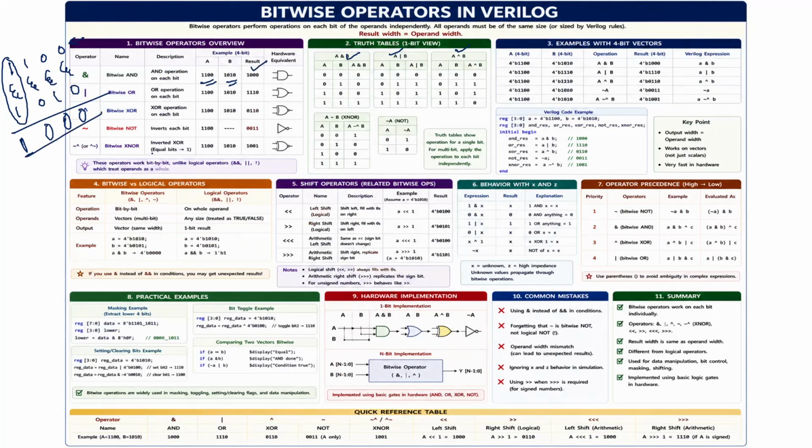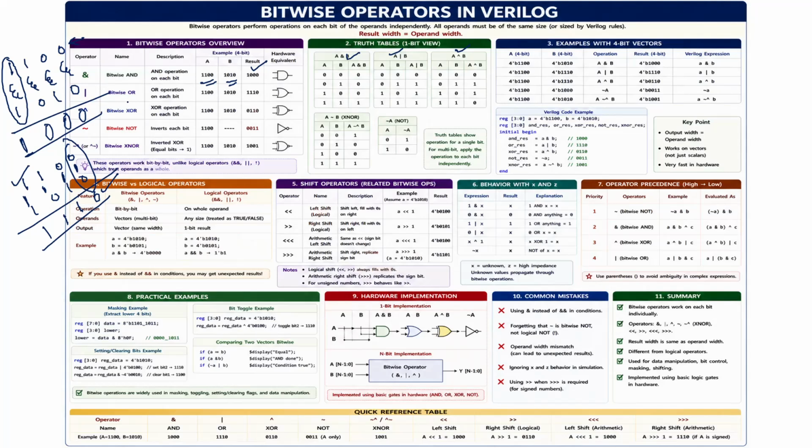Sometimes we do the OR operation, like 1 1 0 0 and 1 0 1 0. For bitwise OR, we use single bits only. 1 or 1 gives 1, 1 or 0 gives 1, 0 or 1 gives 1, 0 or 0 gives 0. If both inputs are 0, then the output is 0. If any one of the inputs is high, the output is high.